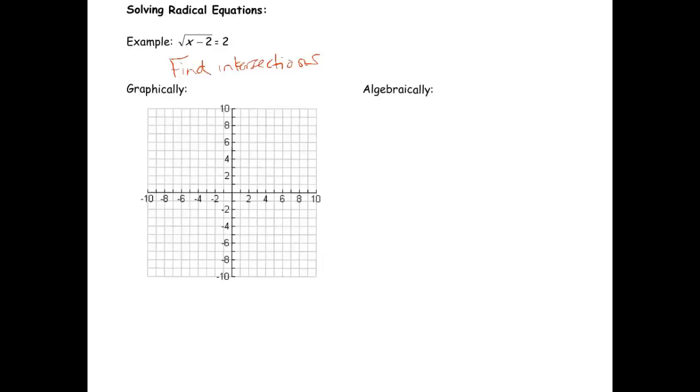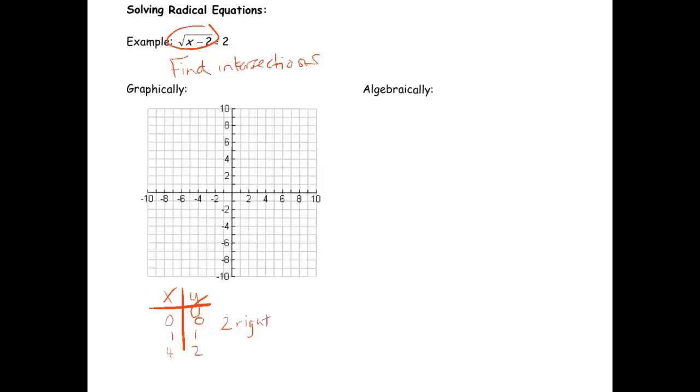So here we go. We learned how to graph this by using the traditional square root of x table. We'll just use those 3 points and translate them. This graph gets translated 2 to the right. So we're going to take these points and move them 2 to the right.